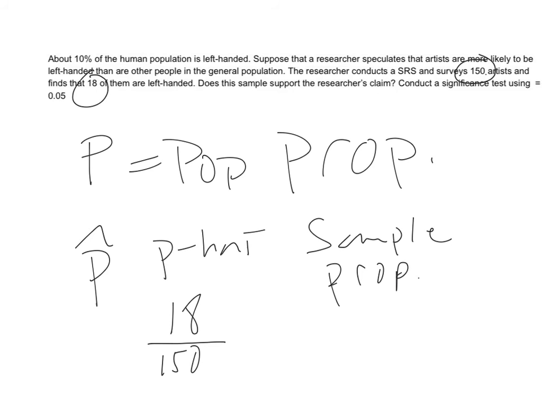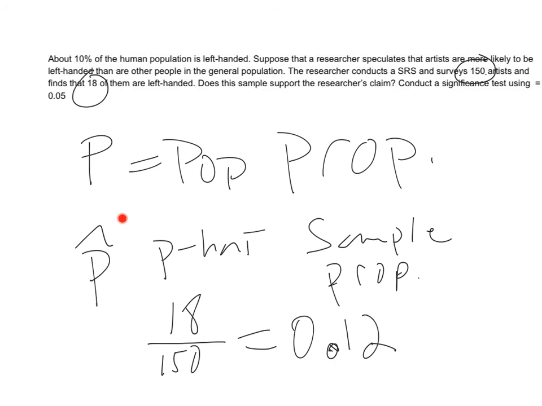I should be able to do that in my head. So that gives me exactly 0.12. So about 12% of the sample were left-handed because he's an artist. And so is that bigger than 10%? It sure is. But now we have to find out if it's statistically significant. And that's what this whole process of a significance test will answer for us.